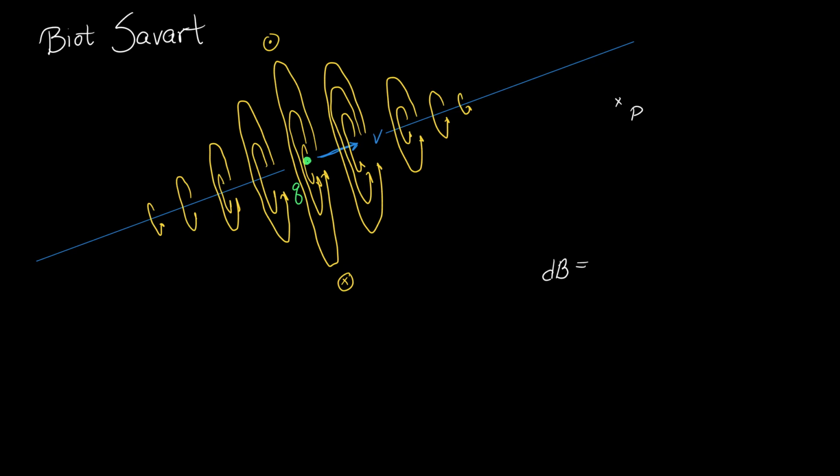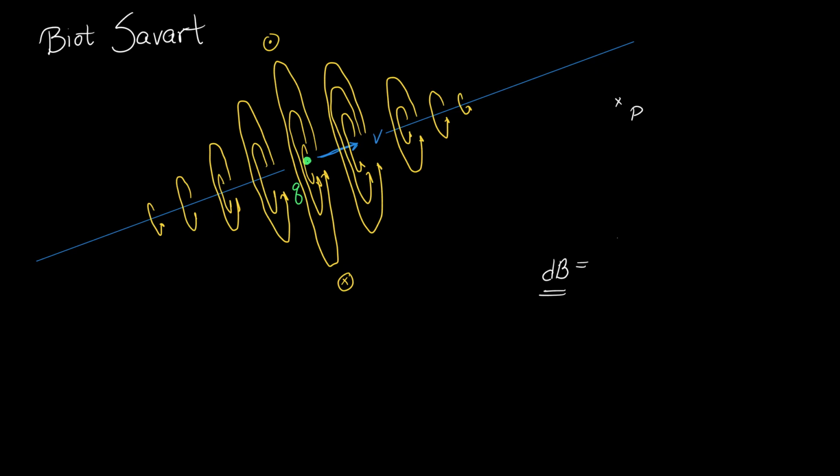Of course, you'll have to add up all of the possible components of this if there are multiple moving charged particles. But it looks like this, the magnetic field from a single point charge. So I put dB here, but this would be if you were adding it up for multiple charged particles, you'd have to add them up. Is that okay? So I want to leave it like that because if you had a whole fleet of charges, you would add them up. And it looks like this.